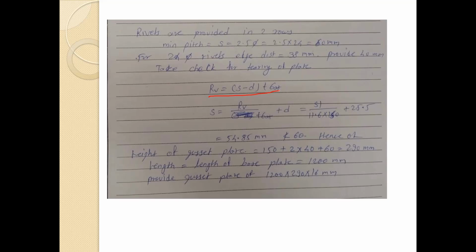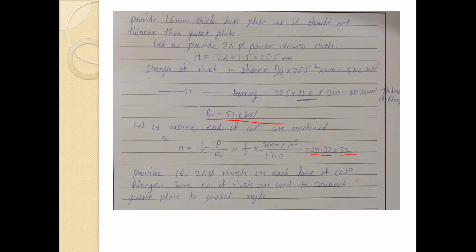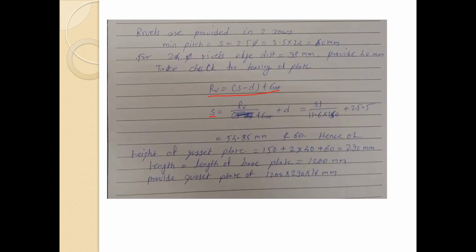By putting all these values, we need to find this spacing S. So we get the rivet value 51 divided by t into sigma at, that is 11.6, which is again the thickness of the flange, into 150, plus 25.5. So the spacing will be 54.85, and it should not be greater than 60, hence it is okay.